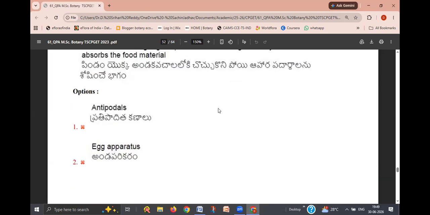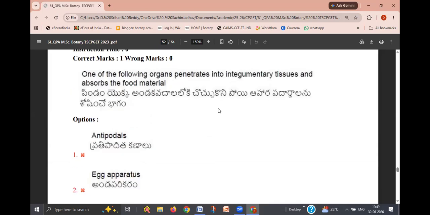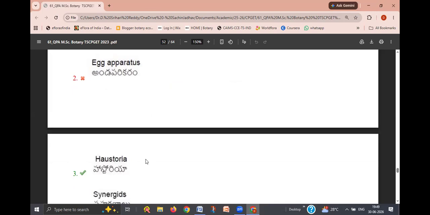It absorbs the food material. This haustorium absorbs the food material from the endosperm and provides it to the growing embryo. That structure is called haustorium. Okay, that is the right answer.